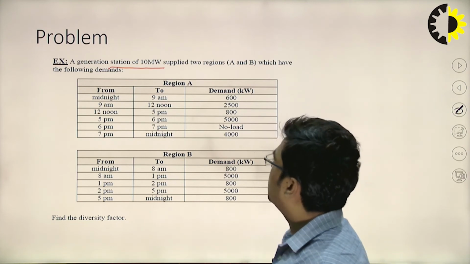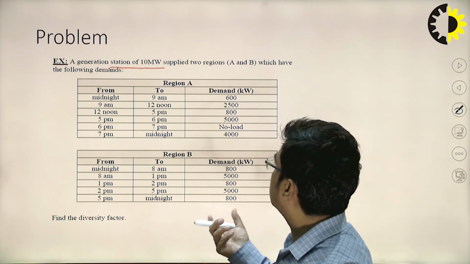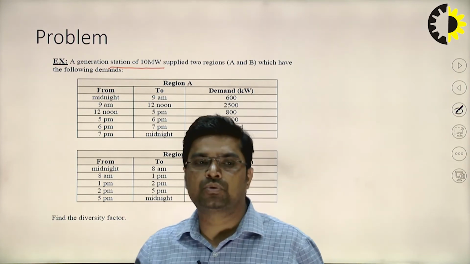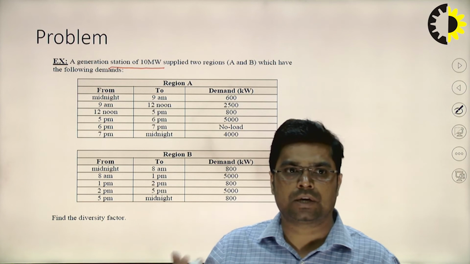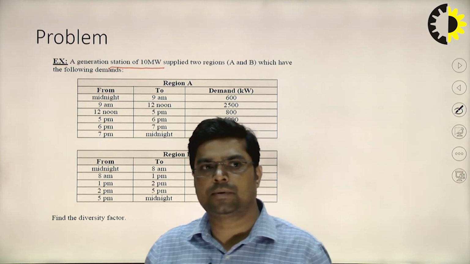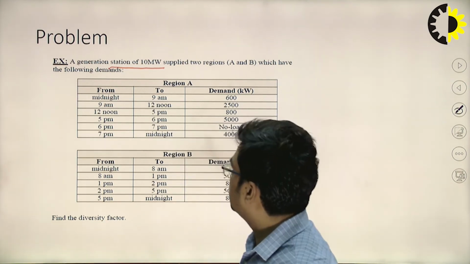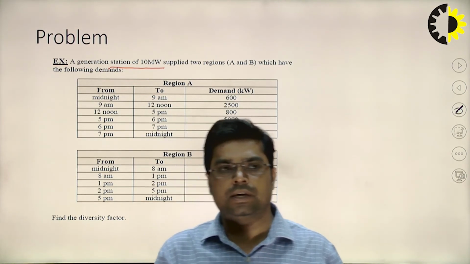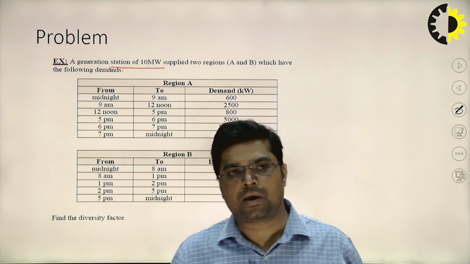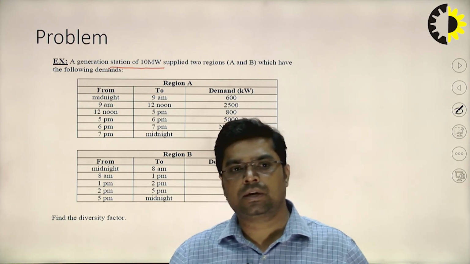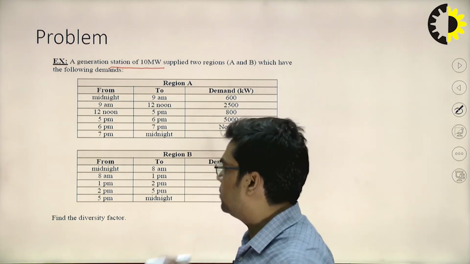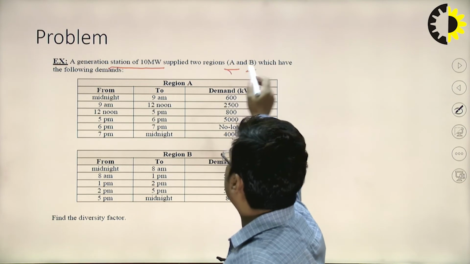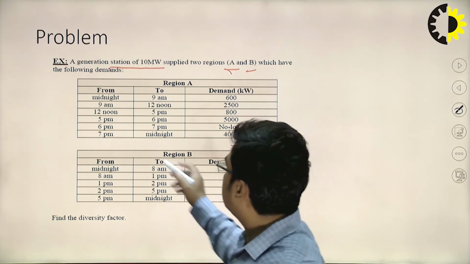Their time slots are different and their demands will be different, but the generating station will be the same. This means one generating station supplies power to different regions, region A and region B. So the data is given for these regions.